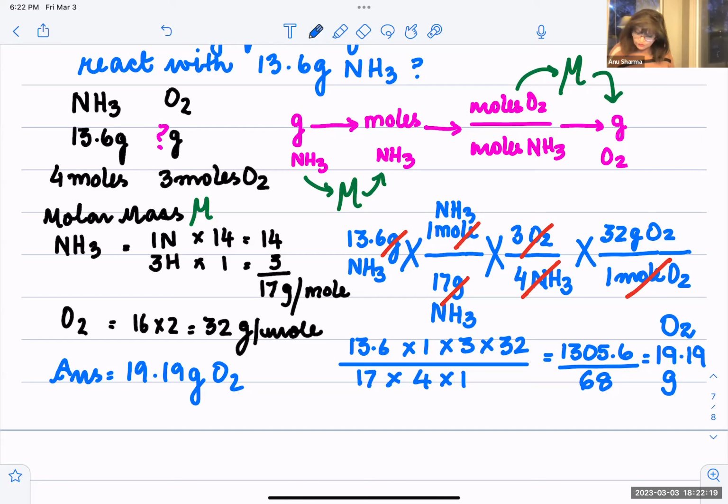We need only 3 significant figures, and here you have 3. So we will have to round it up. We can make it 19.2 grams of oxygen.